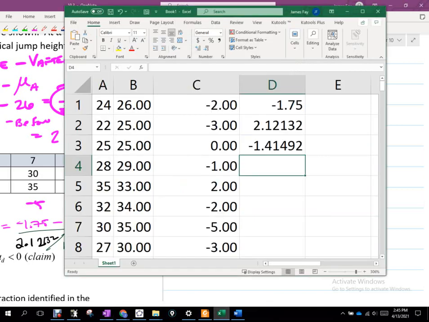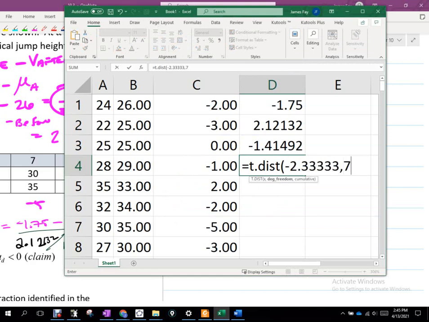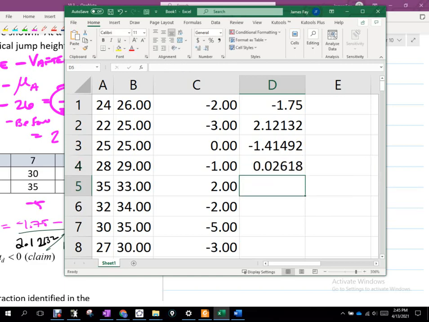Now we could come to this and say, okay, if I want t.dist of negative 2.3333 repeating, degree of freedom 7, and say true, that area is 0.0262. Okay, and that area then is less than 10%, which was my alpha, right? So p-value less than alpha, you reject.